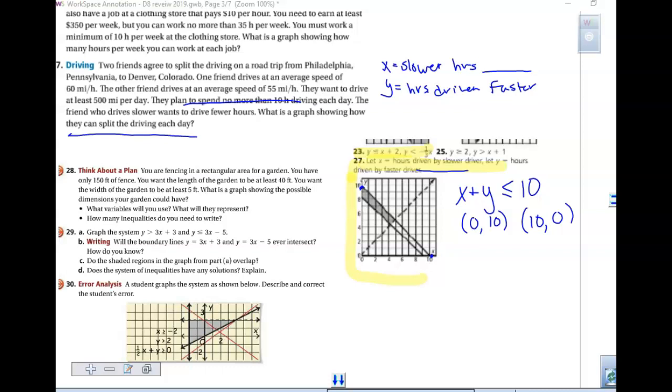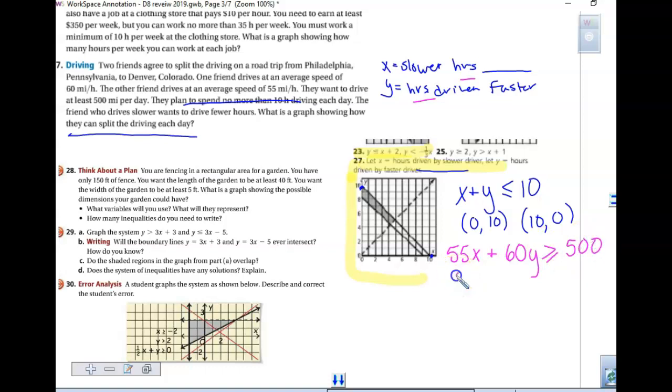So our second equation that we want to take a look at, using their speeds, the slower one was going 55x plus 60y, that's our fast person. And that's because you're taking your speed times your defined distance. It's your rate times time. X is our hours, right? So these are always our hours that we're looking for. The X and Y, those are my hours. And this has to be greater or equal to 500.